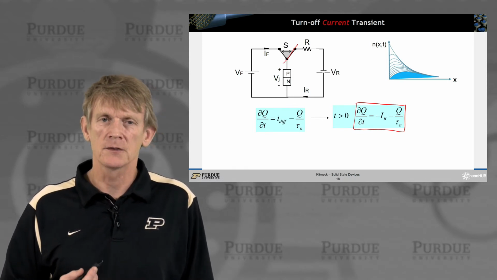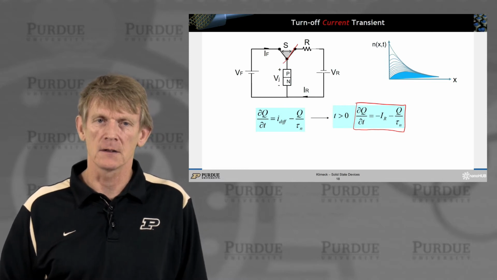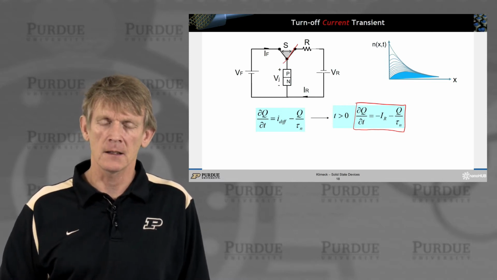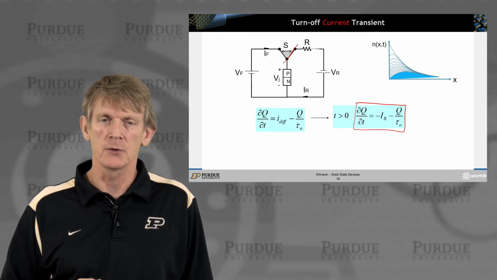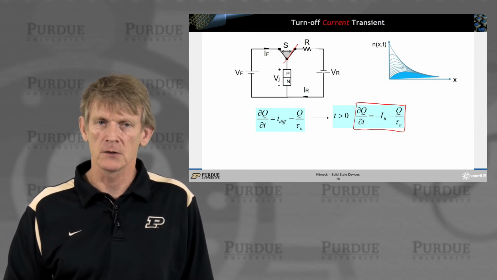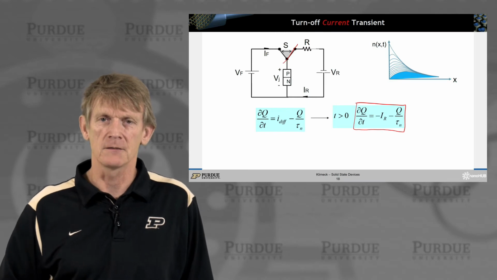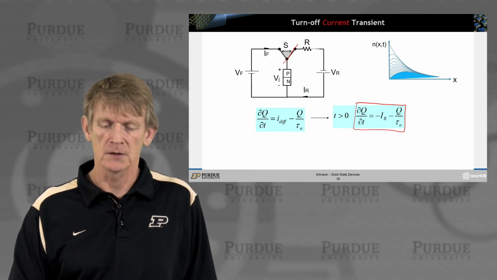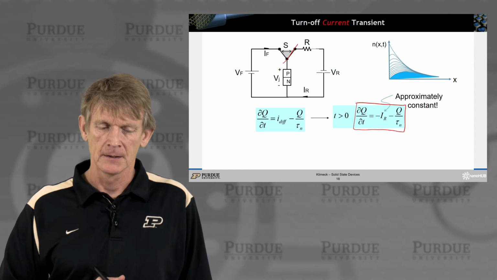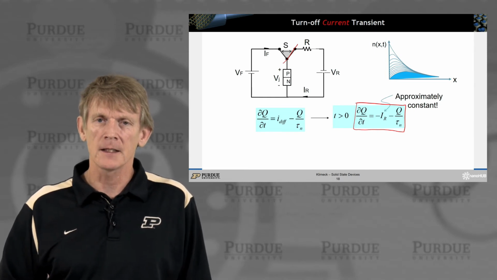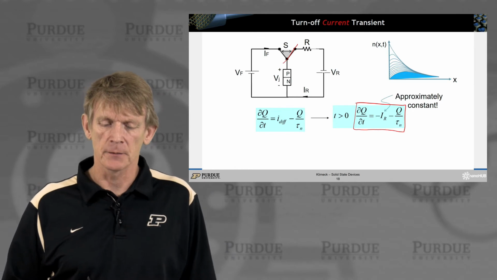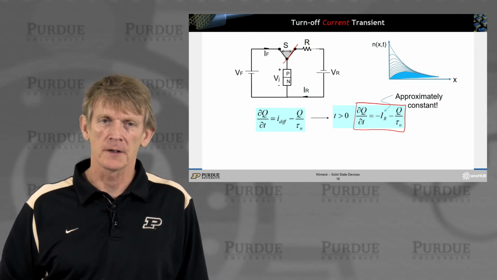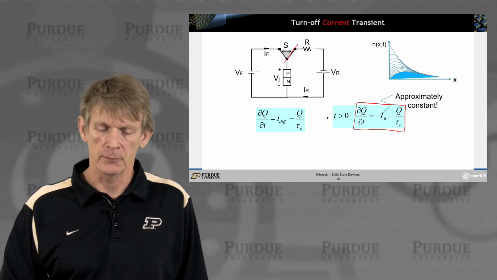Q, the charge, is a conserved quantity, meaning we destroy it by minority diffusion, but it has some continuity to it, like a state variable. So we use charge here as a state variable. We're going to plug in that the reverse current here is approximately constant for the time that we evaluate this expression.